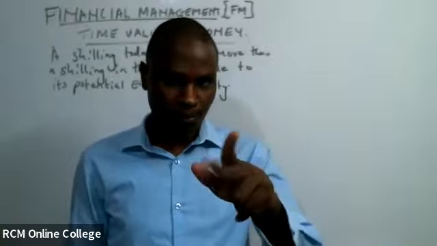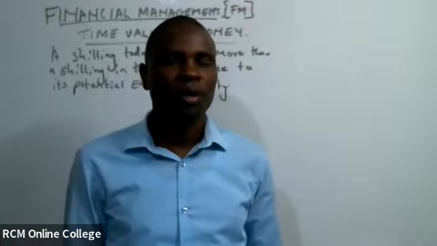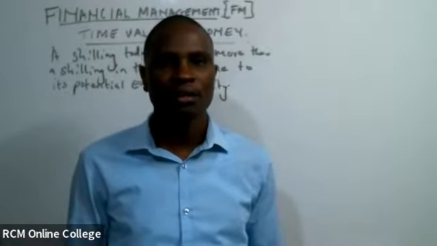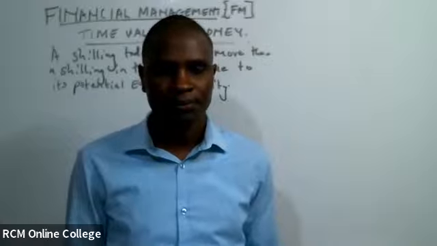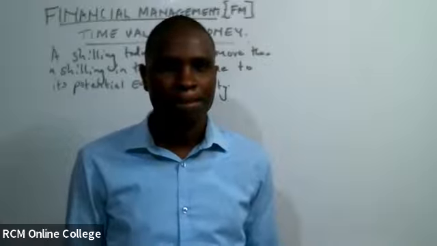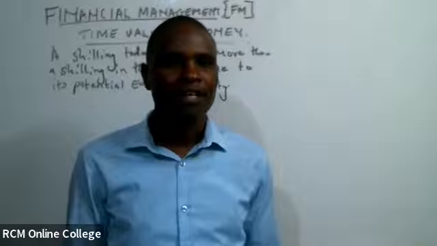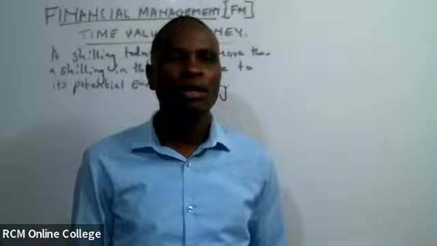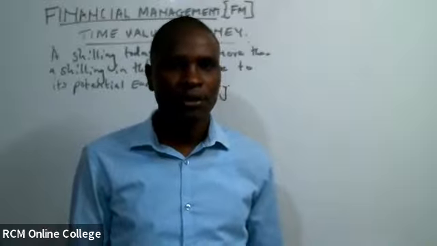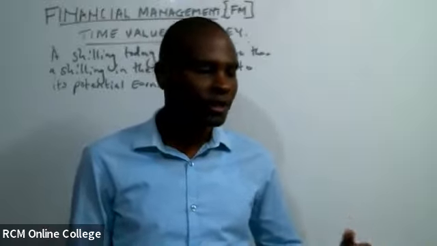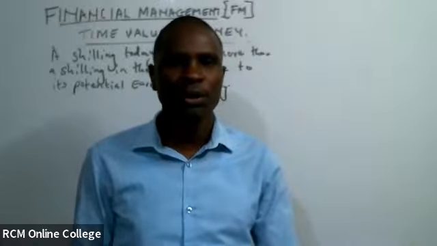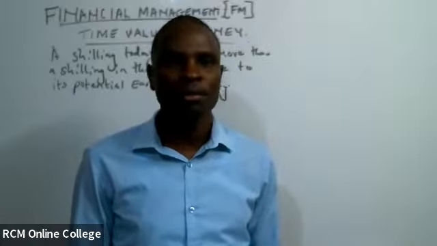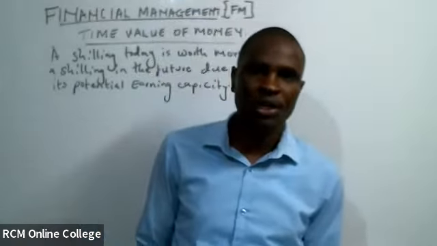We have two techniques: the first one is the discounting technique, and the second one is the compounding technique. Discounting will deal with the present. Compounding will deal with the future. So if somebody tells me I have this type of cash flow, get the present value of it, I'll be able to do that using the discounting technique.